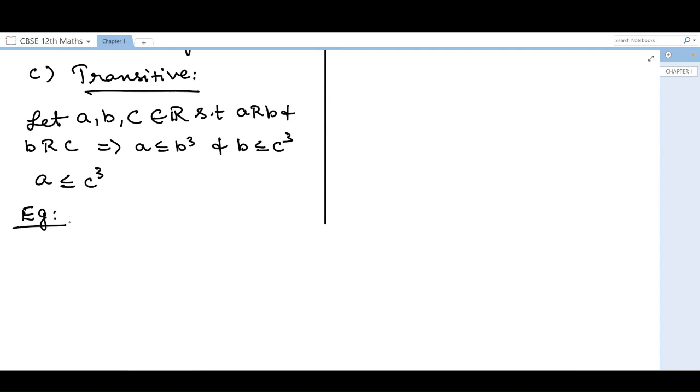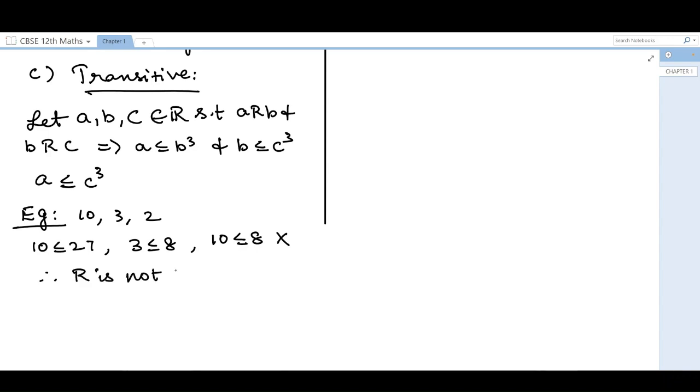For example, if we take three numbers, say 10, 3, 2, then 10 less than or equal to 3 cube, 27, is true, and 3 less than or equal to 2 cube, 8, is also true, but 10 less than or equal to 2 cube, 8, is not true. Thus, the relation R is not transitive.